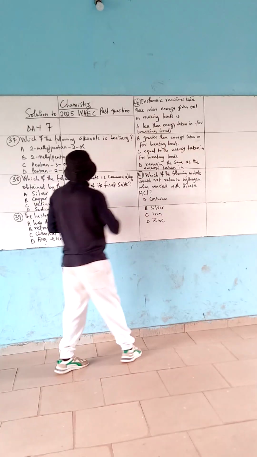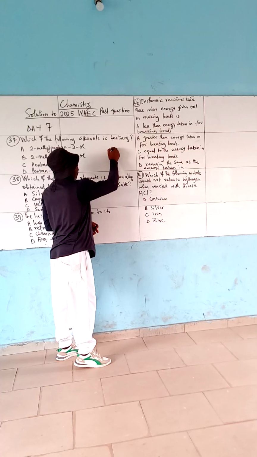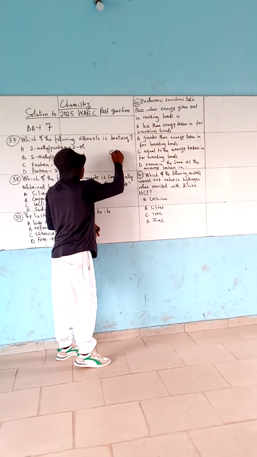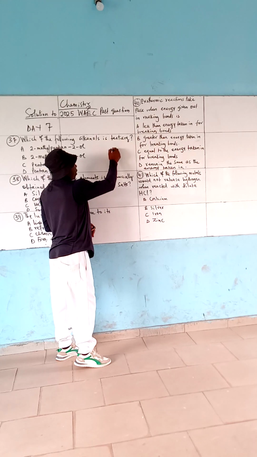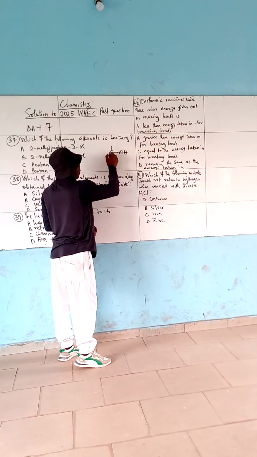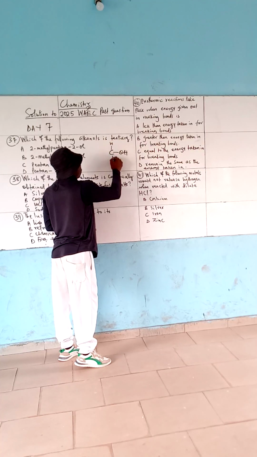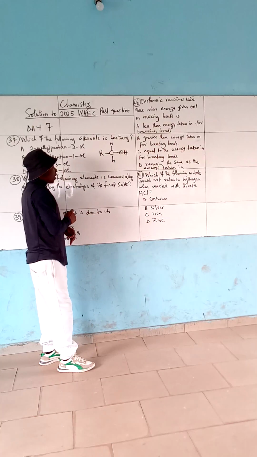Now, if you have an alkanol, a molecule with the chiral carbon, which is the carbon atom bearing the functional group OH, surrounded by 2 hydrogen and 1 alkyl group, R represents the alkyl group.